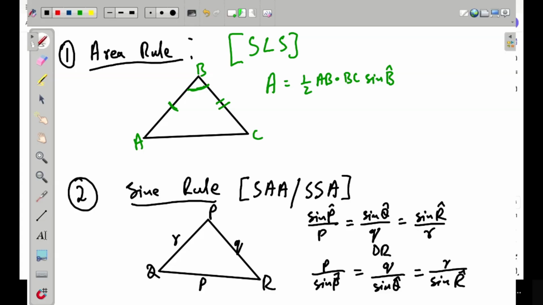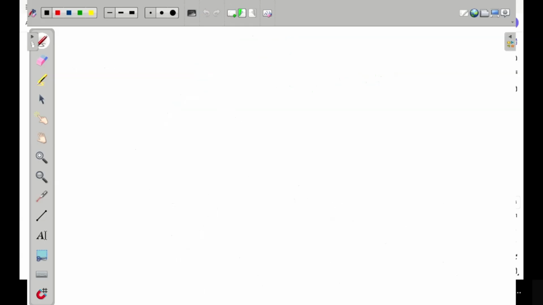I don't really have much time to obviously illustrate these things thoroughly. So what I will do, I will just give you a summary of what to watch out for in the ambiguous case. So if you are given a triangle, right? Pay attention, please. This is the ambiguous case of the sine rule. Let's write that.